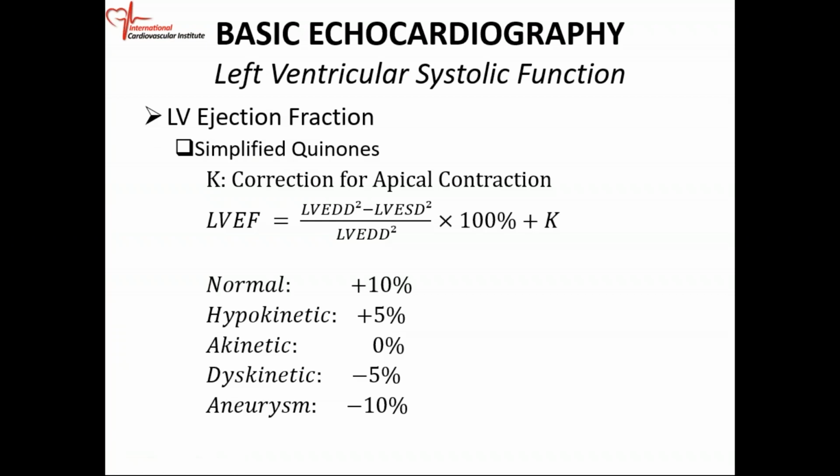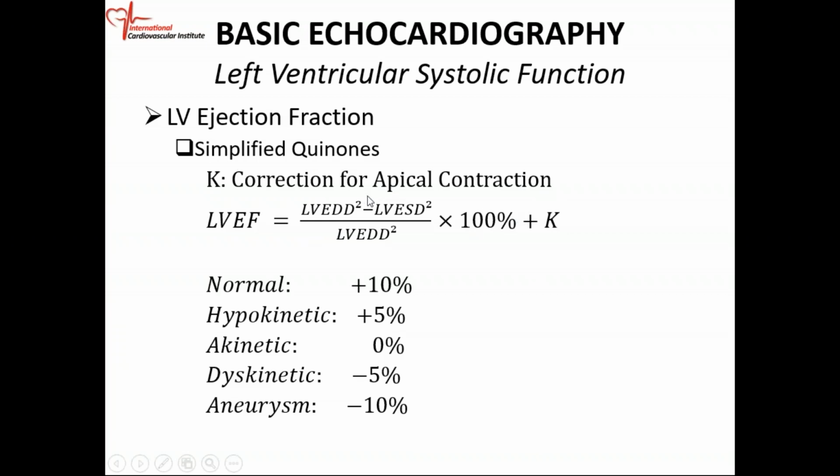But how he did this was he squared the dimension. So when you talk about a left ventricular end diastolic dimension, you square that. When you talk about a left ventricular end systolic dimension, you square that. So you square all the dimensions, and then he had something for the apex.